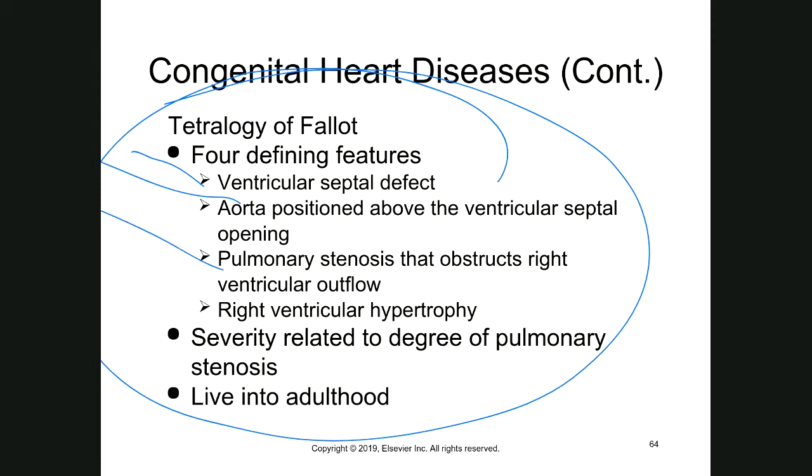Pulmonary stenosis, meaning that those vessels that go in the direction of the lungs and back are very tiny, and it's difficult for that blood to go back and forth. And right ventricular hypertrophy. These 4 defects in the same heart is what we call the tetralogy of Fallot.